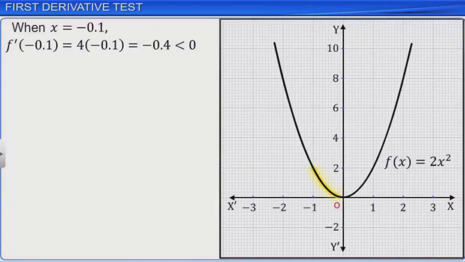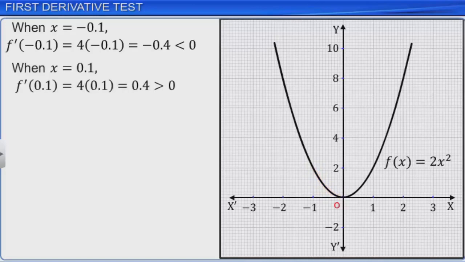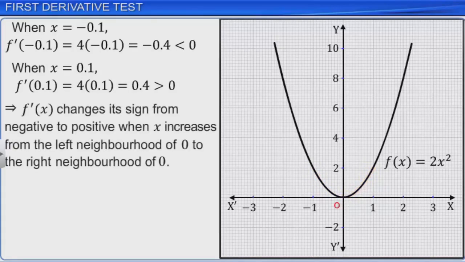Also, the sign of the derivative of function f is positive when the value of x is slightly more than 0. It means that the derivative of the function f changes its sign from negative to positive when x increases from the left neighborhood of 0 to the right neighborhood of 0. Hence, we can say that x equal to 0 is the point of local minima.